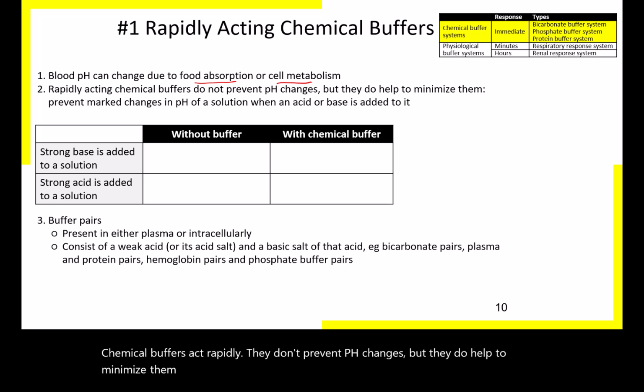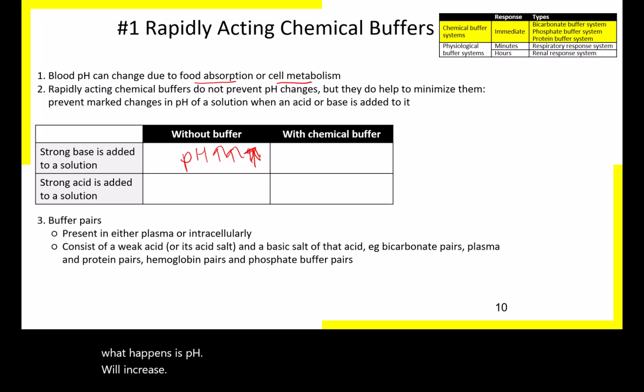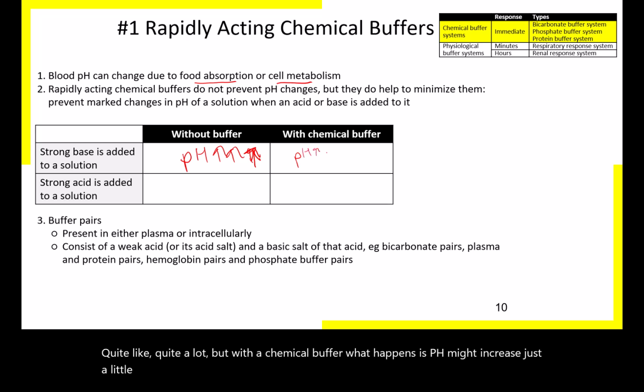So, for example, if you add a strong base to a solution without a buffer, pH will increase by quite a lot. But with a chemical buffer, pH might increase just a little bit. The strong base gets converted to a weak base.